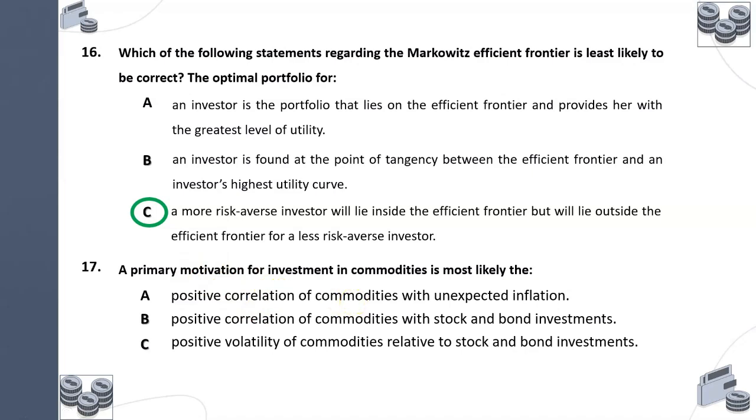If there is high inflation, stocks and bonds will go down because interest rates are likely to go up, and hence the required rate of return will be higher and the value of stocks and bonds will be lower. So the commodity will also be affected. The positive correlation is with inflation. The higher the inflation, the commodity will compensate me for that inflation by higher prices because there is a positive correlation. A is the right answer.